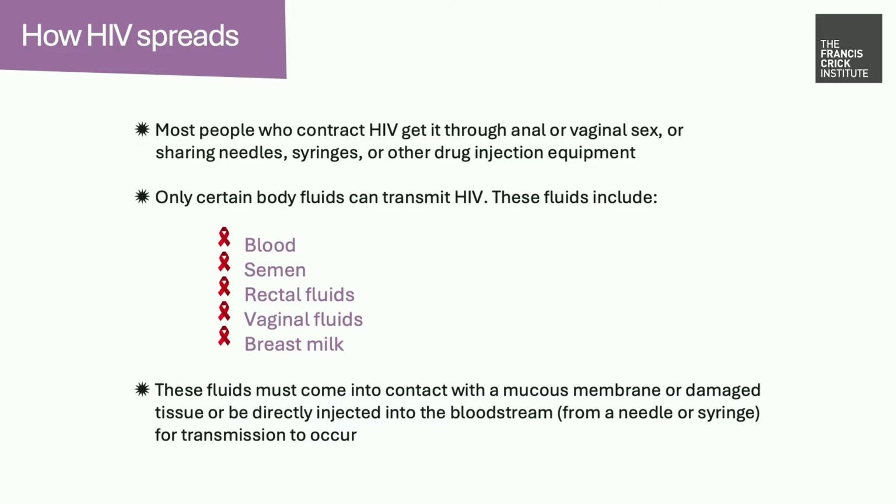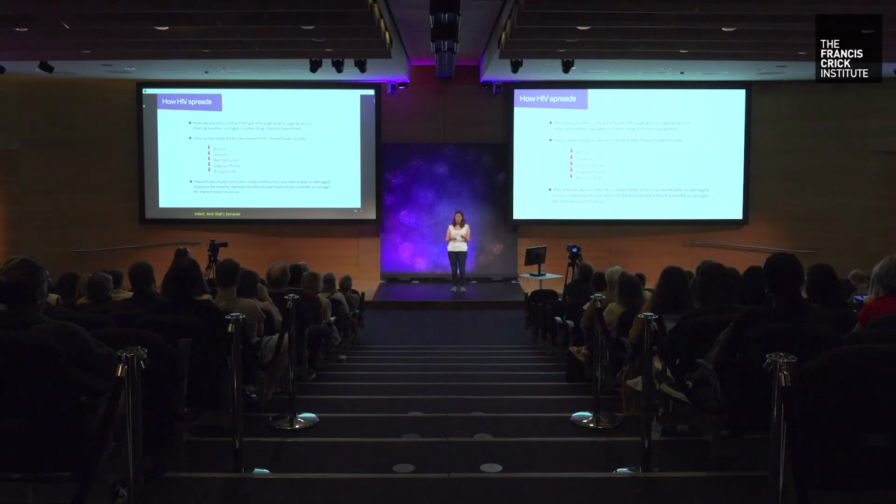And sadly, I'm sure you're all aware from the news that many people contracted HIV through being given contaminated blood products. So I've listed in purple here the bodily fluids that can spread HIV, but these bodily fluids have to come into contact with the mucous membrane or directly into the bloodstream in order to infect. And that's because HIV can only infect white blood cells.